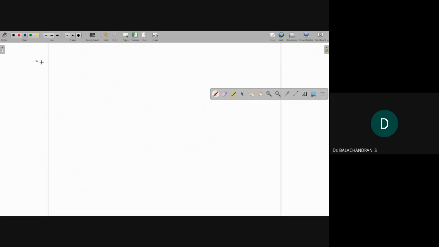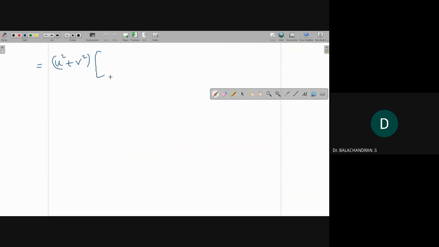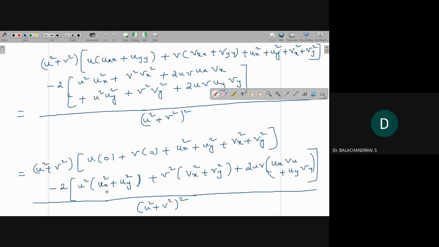So it is equal to u square plus v square into the numerator you have u square ux square plus uy square plus vx square plus vy square. Okay, ux square plus uy square plus vx square plus vy square. Okay, and then what about this? Here, what is common? Here, I think nothing is common.